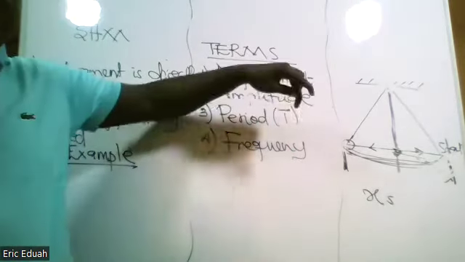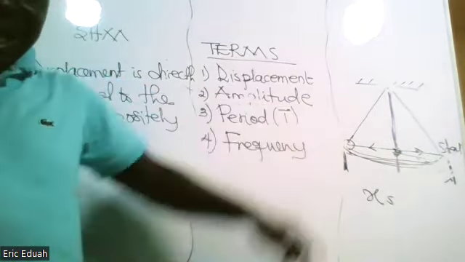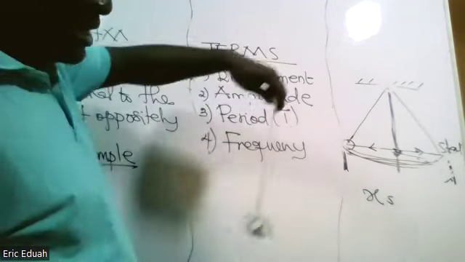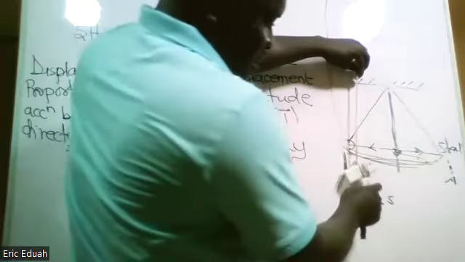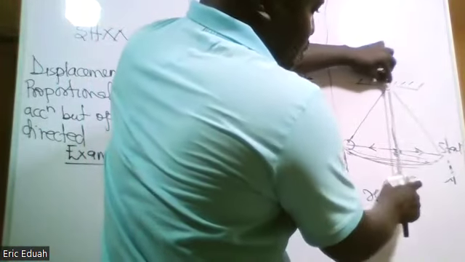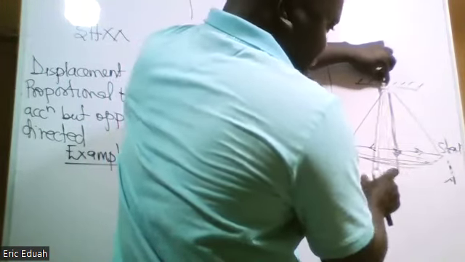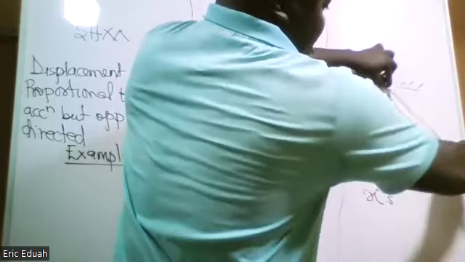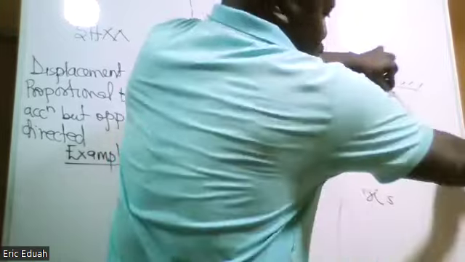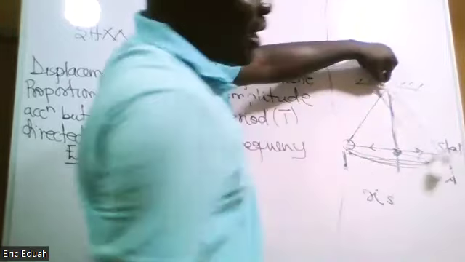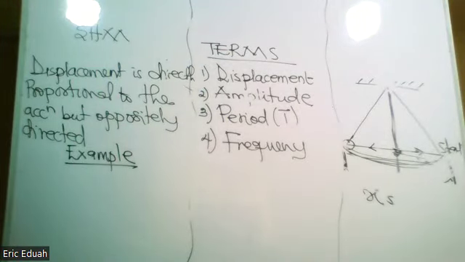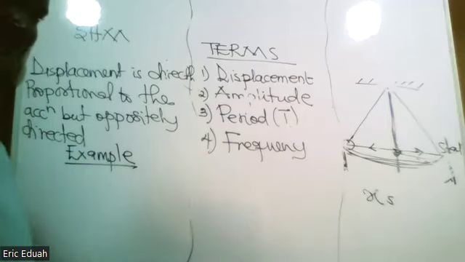Within this X seconds, I want to see the number of complete oscillations that can be made by this body. So a complete oscillation is from one extreme to another extreme and back. 1, 2, 3. So the number of complete cycles an oscillating body can make within a given time.